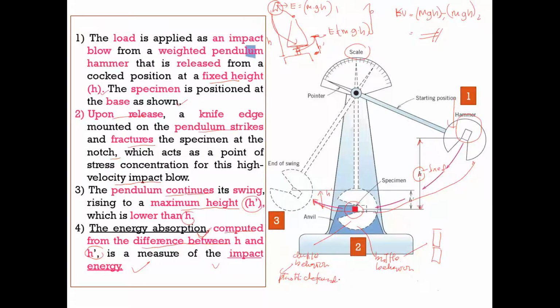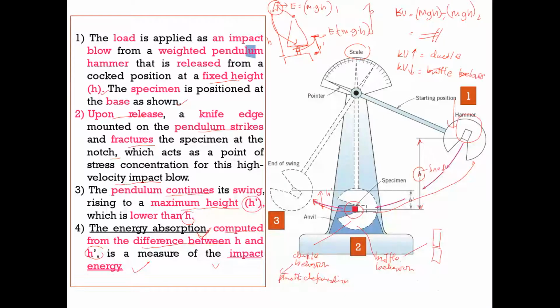As a conclusion, if your KV value, which is your energy absorption value, is higher, it means your material is ductile, because it absorbs higher energy before it fractures. If your KV value is lower, it has brittle behavior.